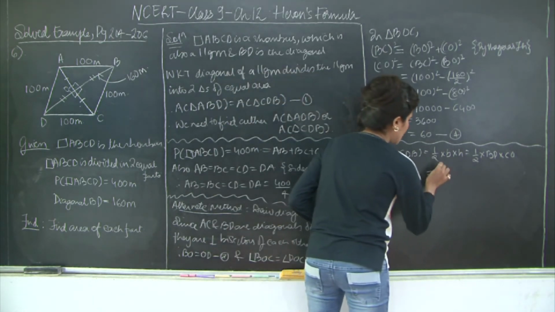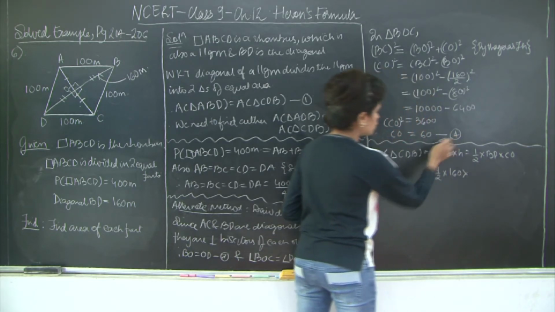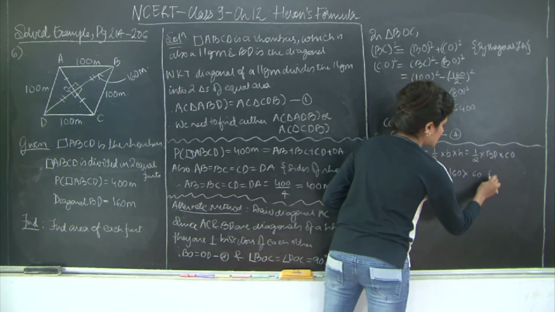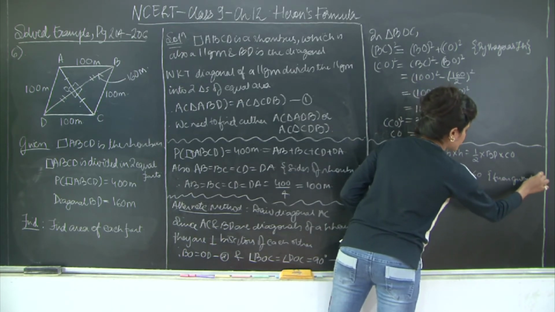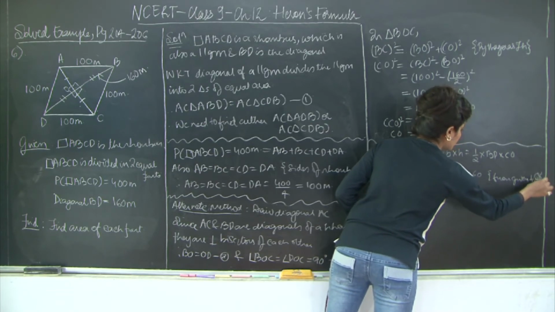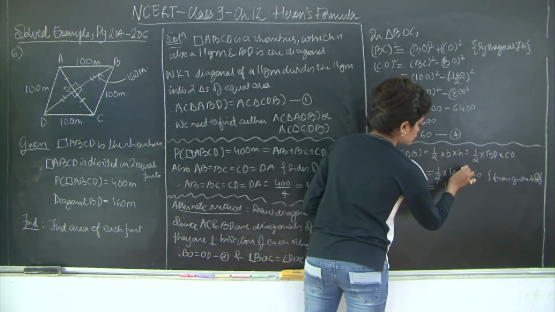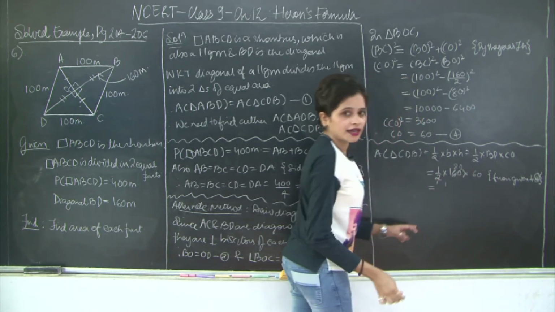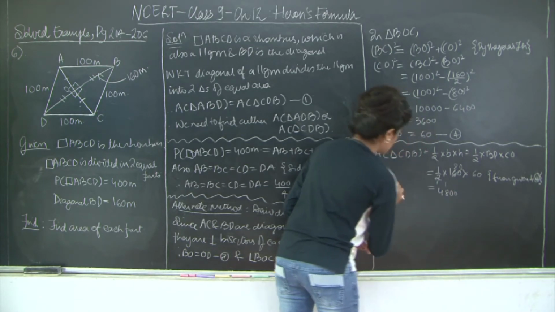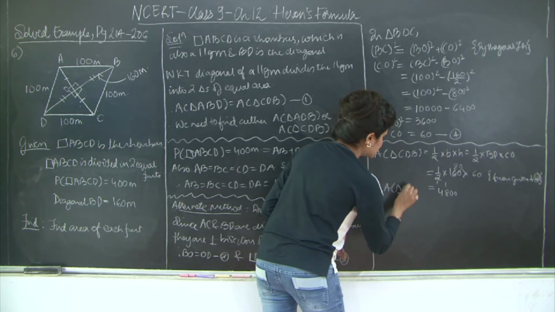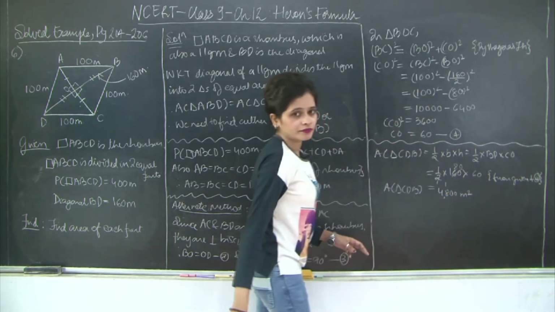So this is going to be half into BD, which is 160, into CO, which is 60. So I'll say from given and 4. Right? So this would be 2 1s are 2, 2 8s are 16, 80. 8 6s are 48 and 0 0 here. So area of triangle CDB is equal to 4800 meters square.